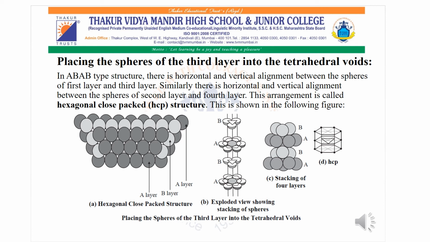ABAB type structure. So there is horizontal and vertical alignment between the sphere of the first layer and the third layer. Similarly, there is horizontal and vertical alignment between the sphere of second layer and fourth layer. This arrangement is called as hexagonal close packed structure as shown in the figure.